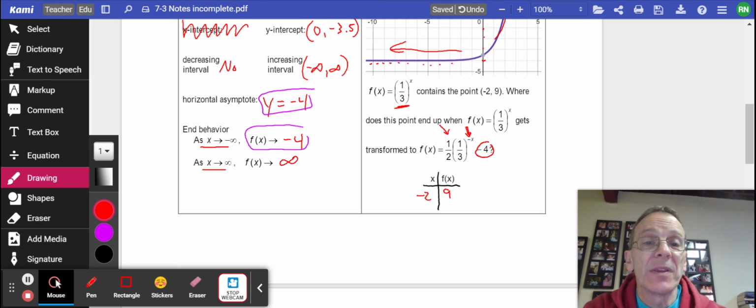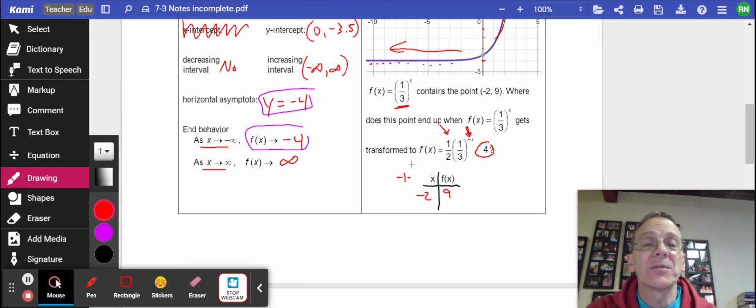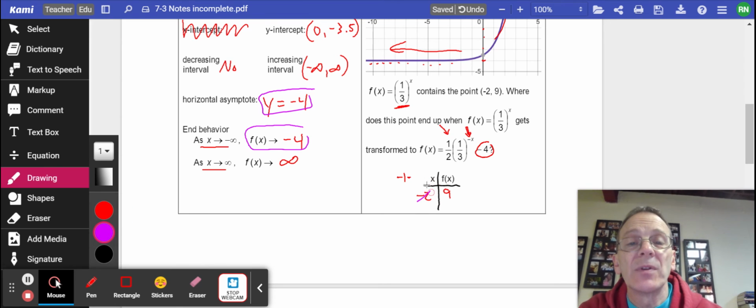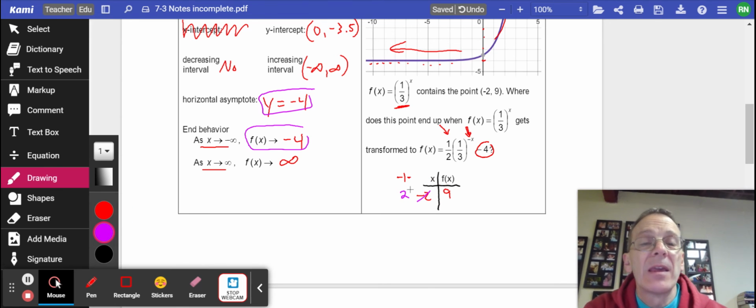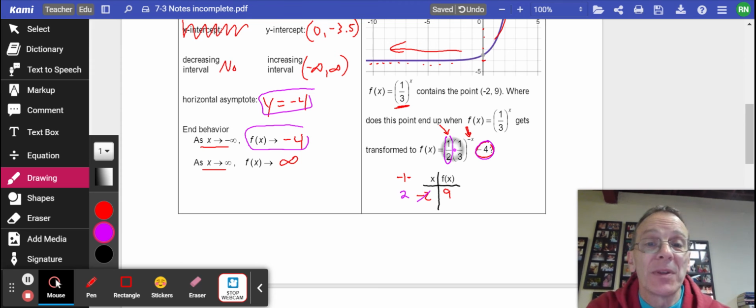The first operation would be this negative applied to the x. So we're going to multiply the input values, the x values, times a -1. That turns that -2 into a +2. And now, between the 1/2 times and the -4, which one of those operations happens first? The multiplication out here or the subtraction out here?